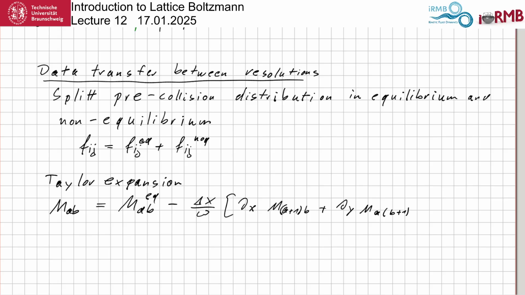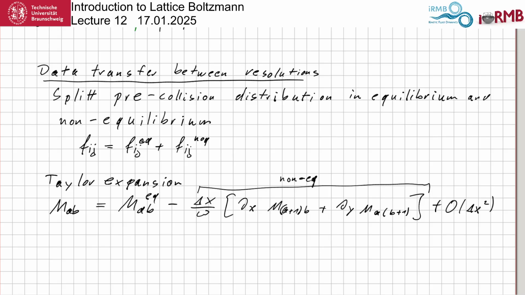This is the same as the asymptotic expansion, just we do not expand the moments themselves. If we don't do this, we have of course to say that this goes on with second order. And this here is of course the non-equilibrium of the moment.